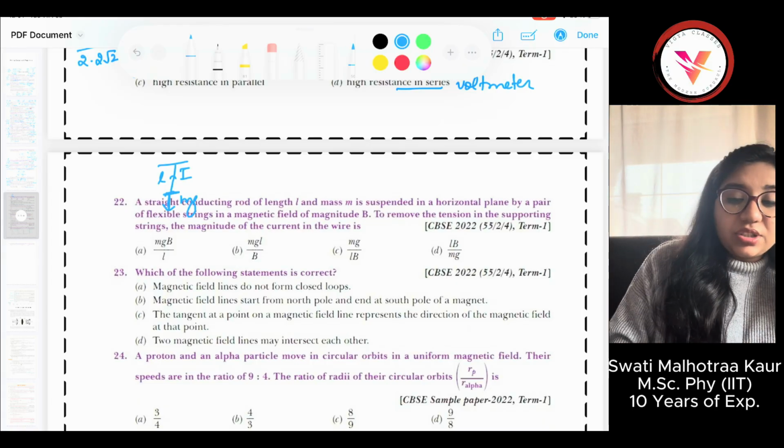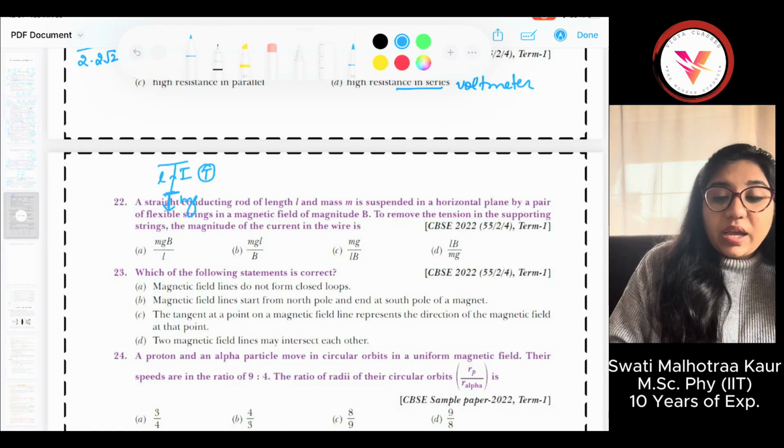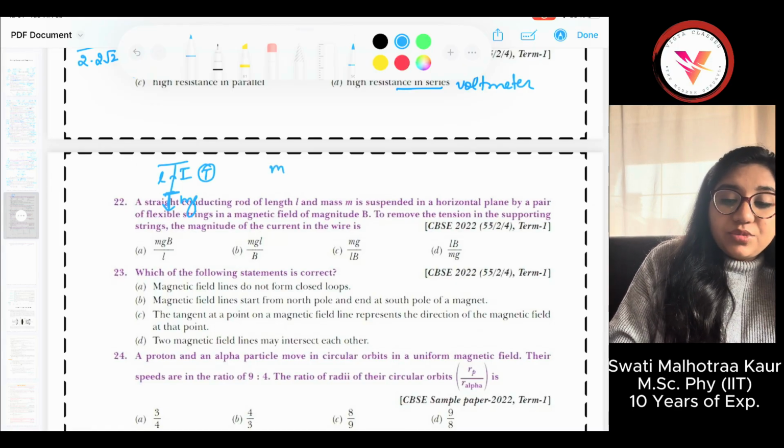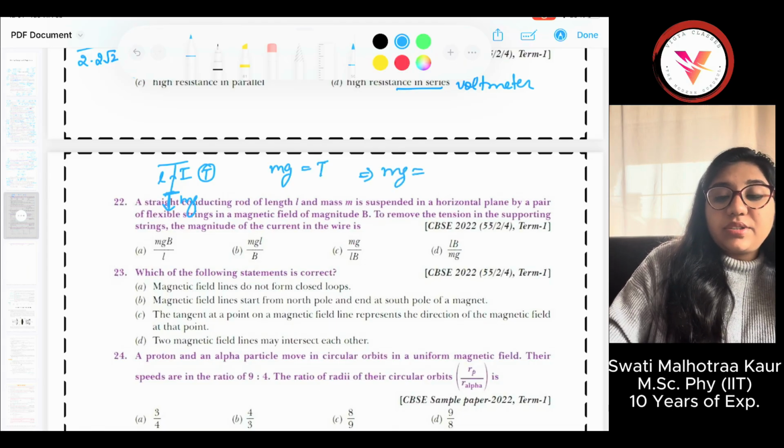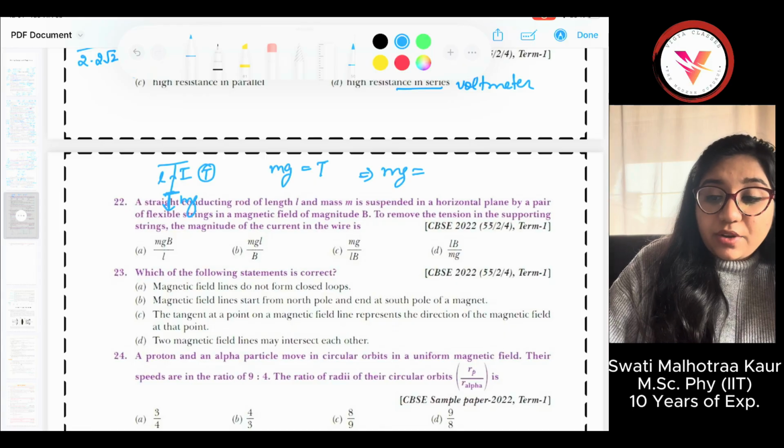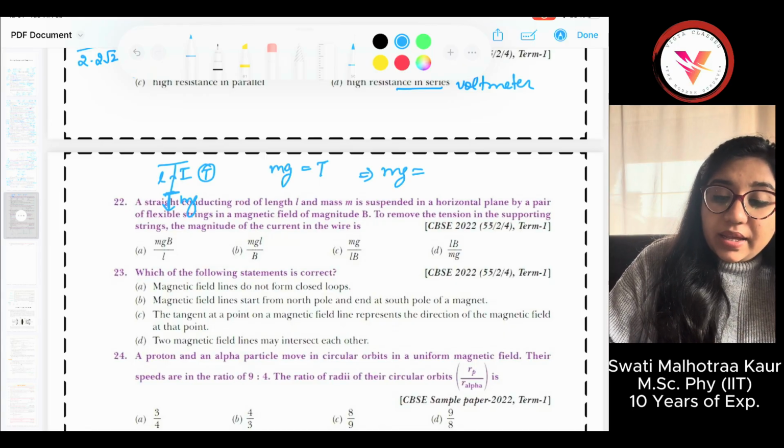To remove the tension, see there is tension as well, and if you have to remove the tension, then basically mg is equal to tension, and to remove the tension it is replaced by the magnetic force, which is ILB sine theta.